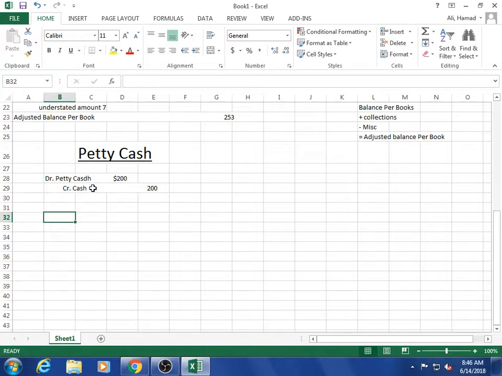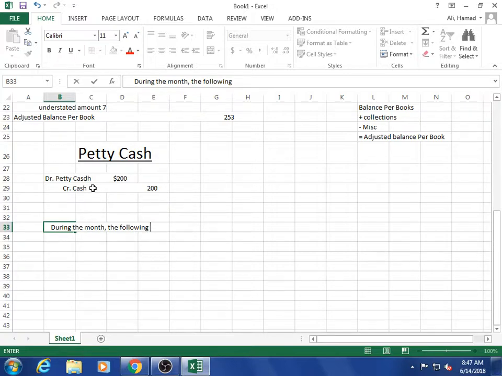So let's say during the month the following transactions, the following receipts were in the box.